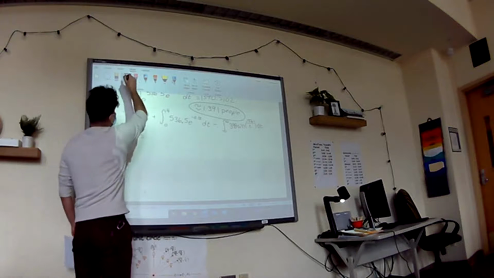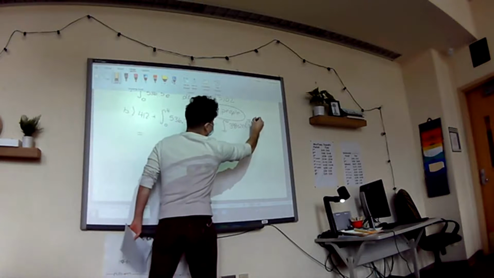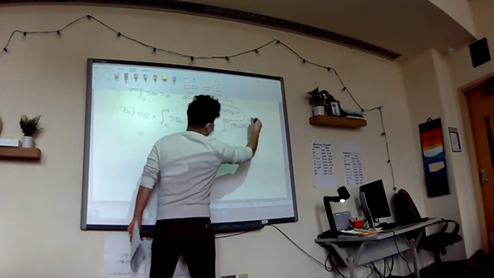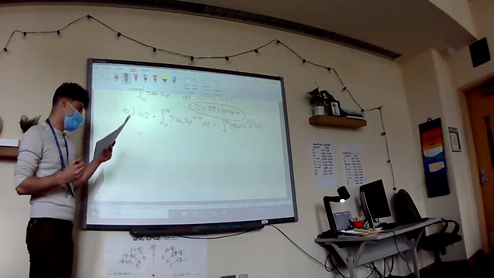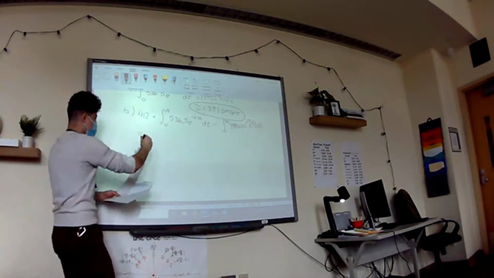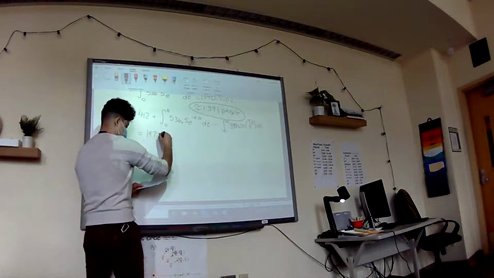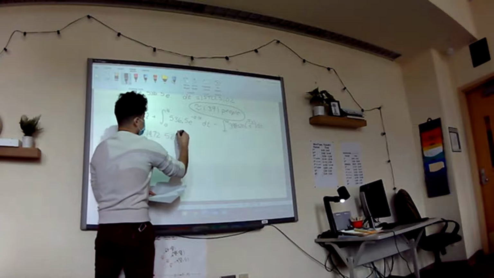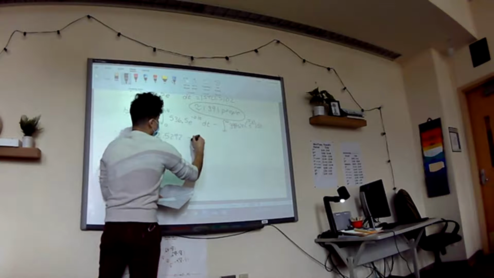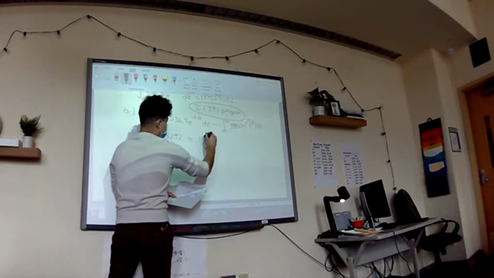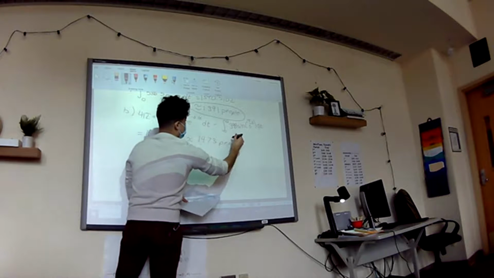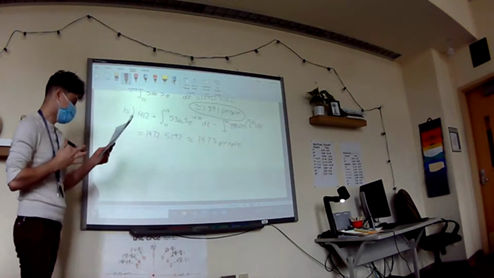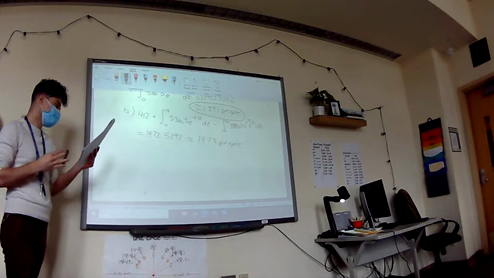A t. Oh, okay. All right, you put this into a calculator, you get 1472.5292, which is about 1473 people. Nice.